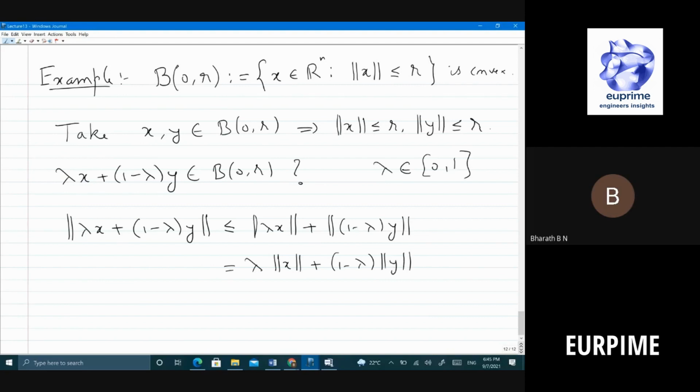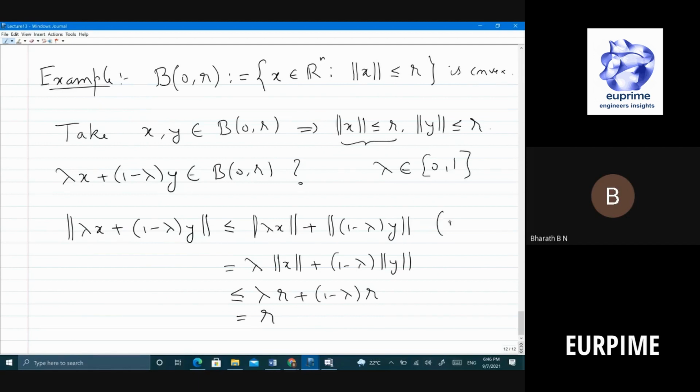Okay, what is the next step? I know that x belongs to the ball, y belongs to the ball. What does that imply? Norm of x is less than or equal to r and norm of y is less than or equal to r. So lambda times, I'll replace norm of x by r, plus (1 minus lambda) times norm of y, which is r.